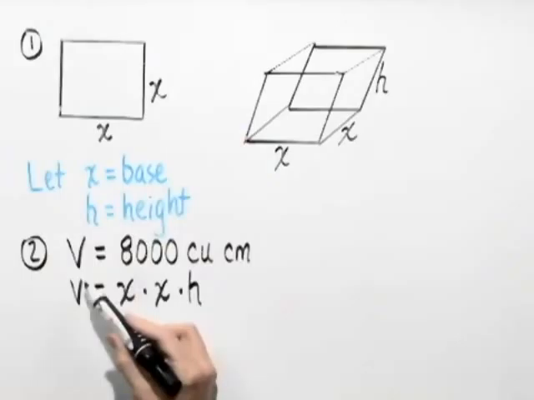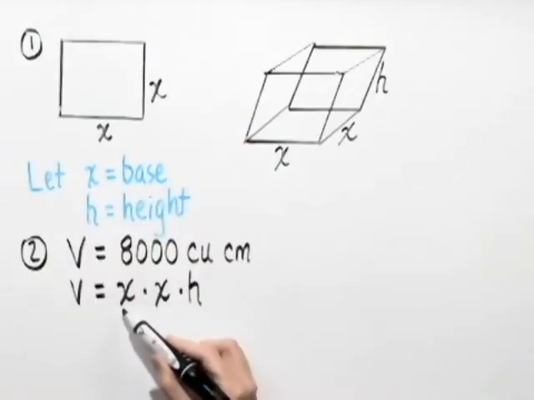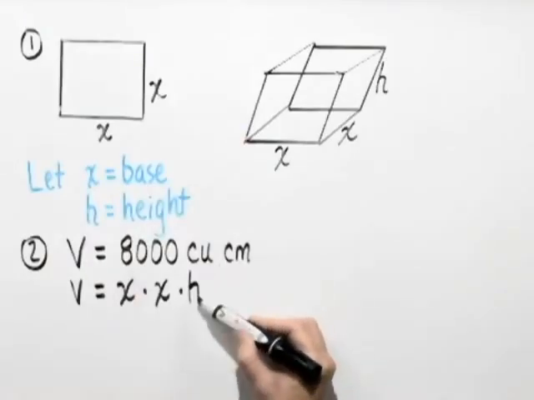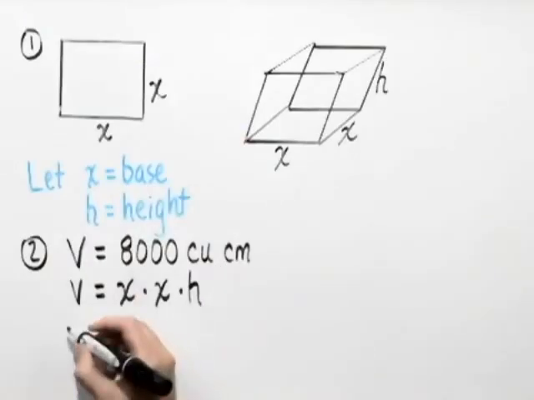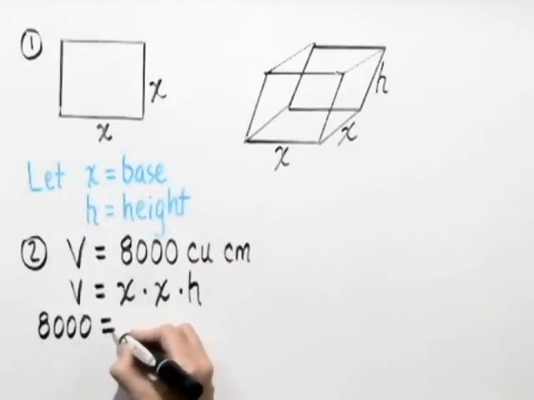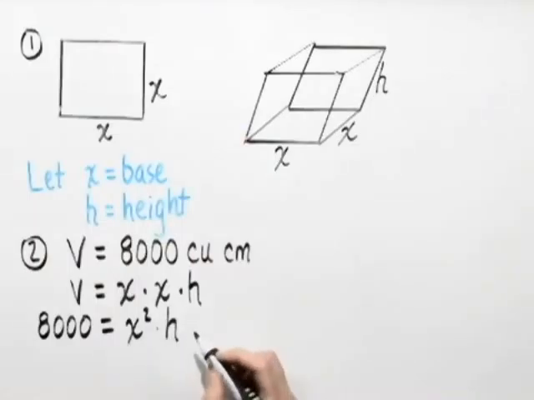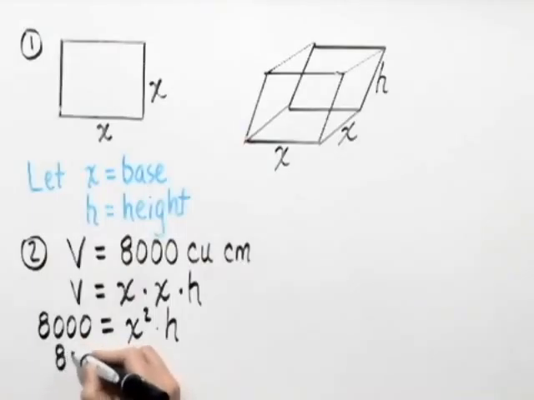So therefore, since the volume is 8,000 cubic centimeters, and we know the volume is x squared times h, we can set these two quantities equal to each other. And when we do, we get 8,000 is equal to x squared times h. And we can solve this for h. When we do, we get 8,000 divided by x squared is equal to h.